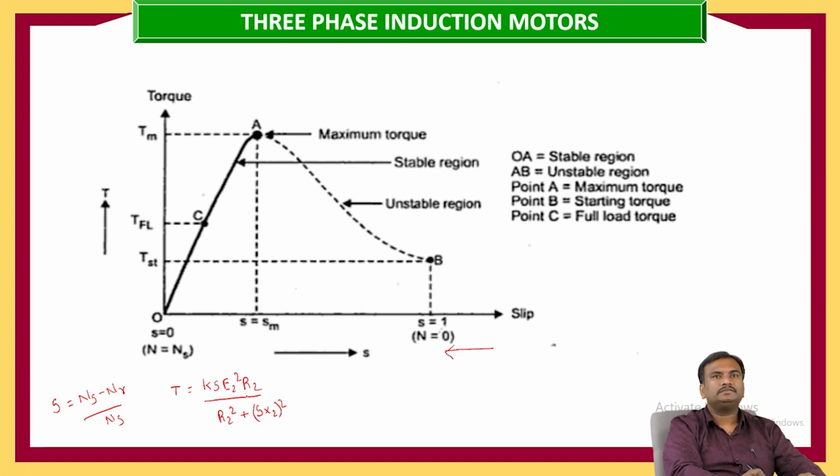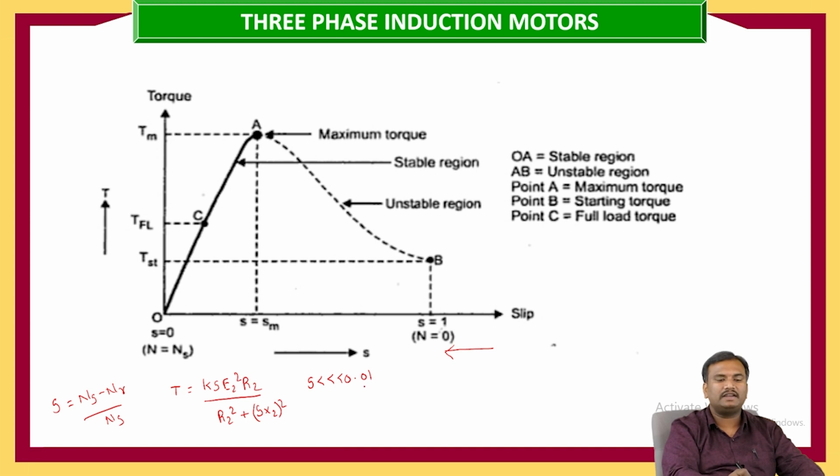So here at low values of slip, when S value is very less, that is 0.01, let us consider, from S equal to 0 to S equal to Sm, during this period, the slip values are very less.